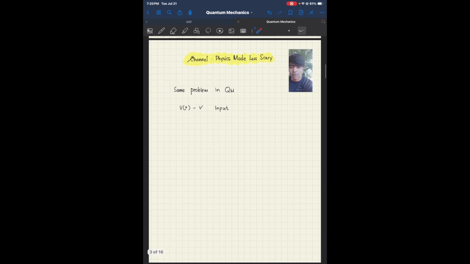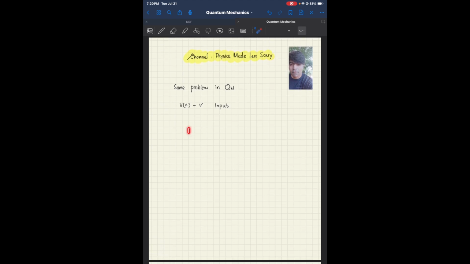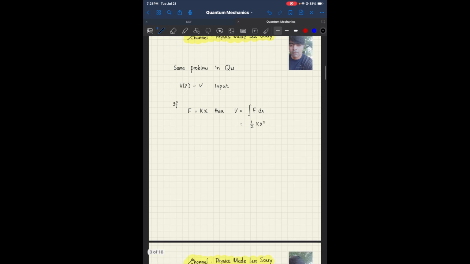So if F equals kx, then from high school physics we know that V is simply the integral of F dx, so it's half kx squared, right? Great.